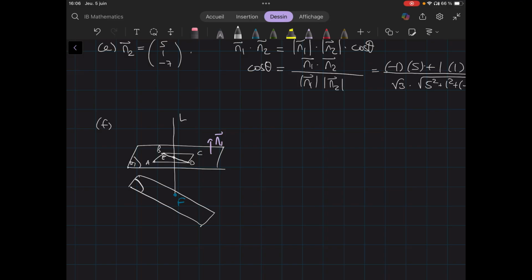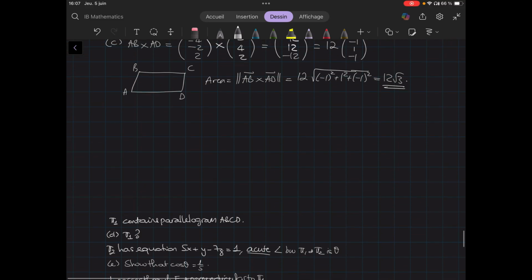So really, this question has two parts. How do you get the equation of L1? And from there, how do you find the coordinates of F? So let's answer the first question.